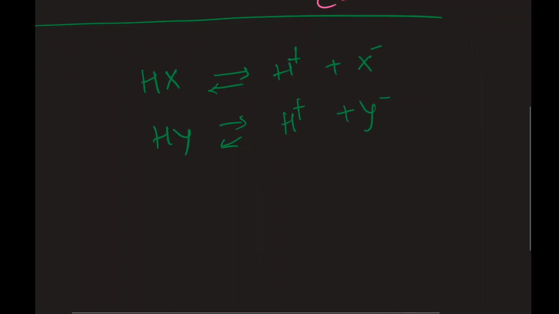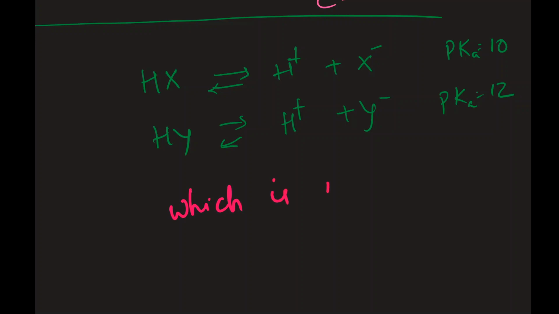Let's say the pKa of the first reaction is 10, and the pKa of the second reaction is 12. The question is, which is more acidic? That's our question 1.